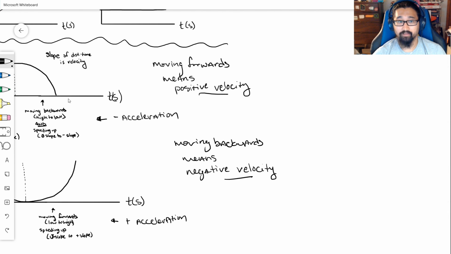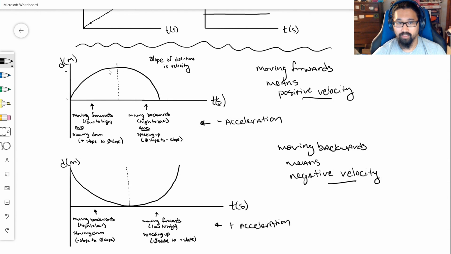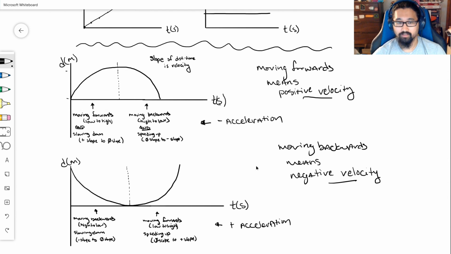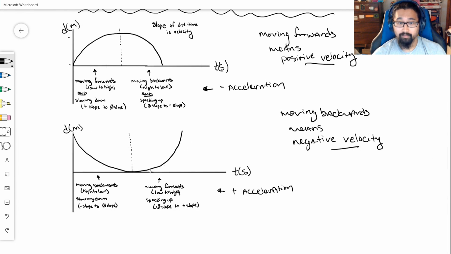This is half of a frown. It's still negative acceleration, right? This half is still half a frown. It's negative acceleration. If you have the happy face, if your parabola faces upwards, then it's a positive acceleration. Smiling, positive, frowning, negative. That's how you can tell based on the graph what your acceleration is going to be.